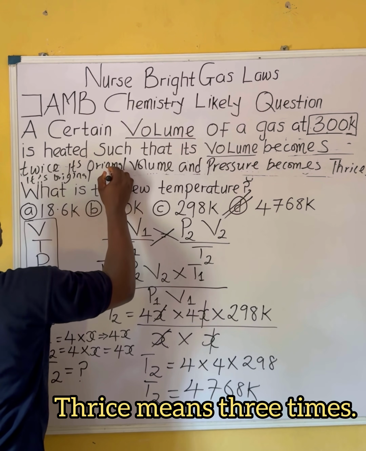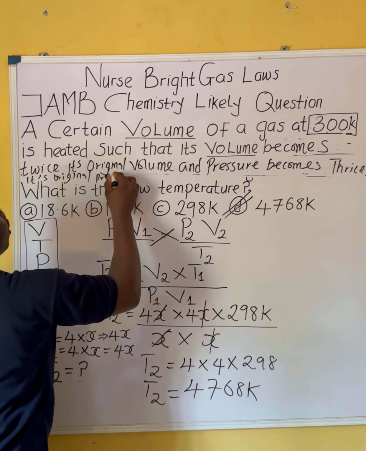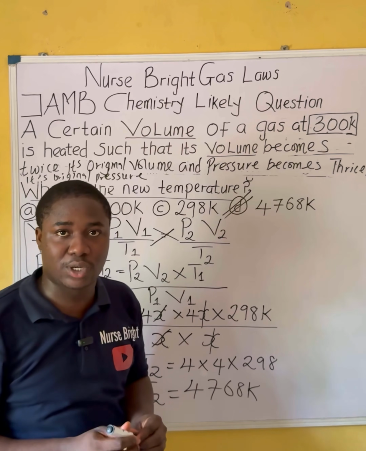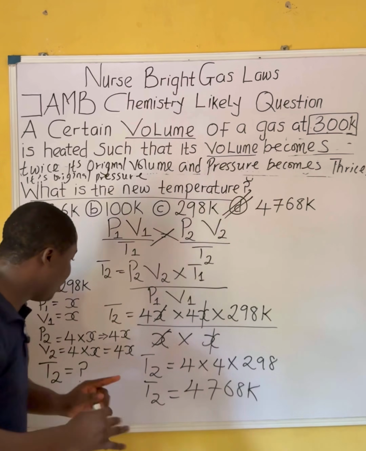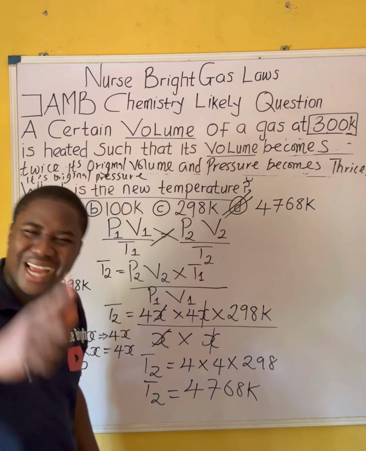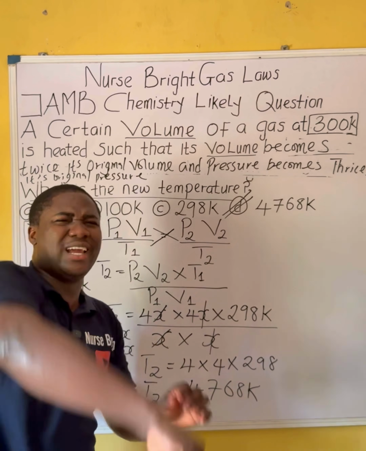This question is simple. Original pressure. So the question is still simply, what is the new temperature? Very easy question. You must be careful. When you come here, you must be careful and know what to multiply with. I don't want to say much. Guys, solve this question. I'll provide the answer in the comment section.